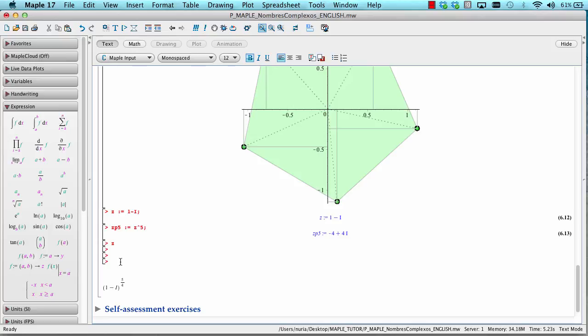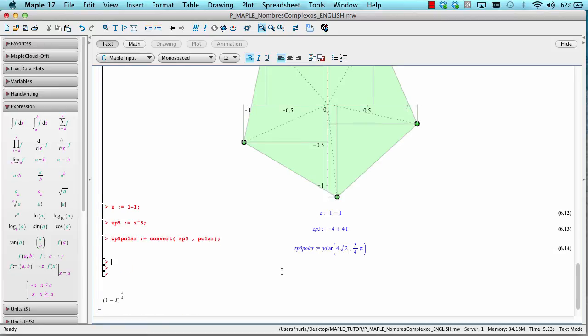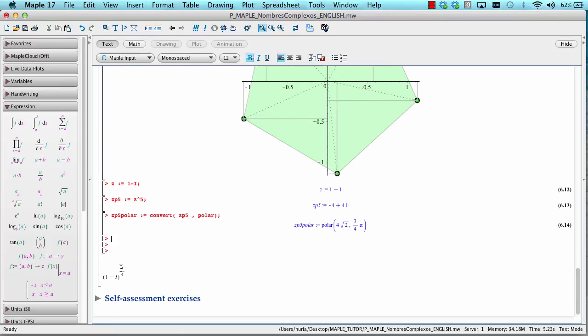Z to the power 5 in polar is going to be the conversion of Z to the power 5 to polar. So now we have computed the power 5. Now we have to compute fourth order roots. So Z1 is going to be polar.